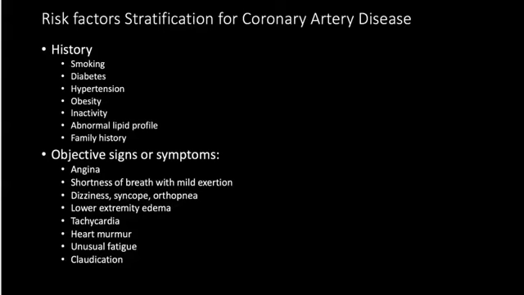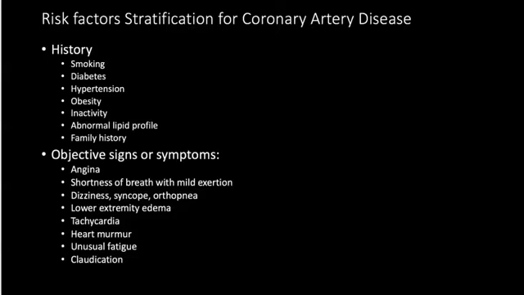So in terms of coronary artery disease, that is one of the top causes of morbidity and mortality. So very important to stratify or identify the type of risk the older adult may have. You can do that by the history, looking at what kind of health habits do they have.